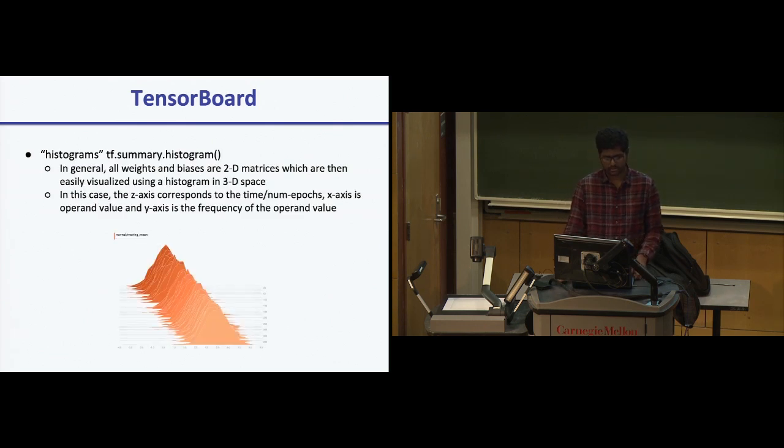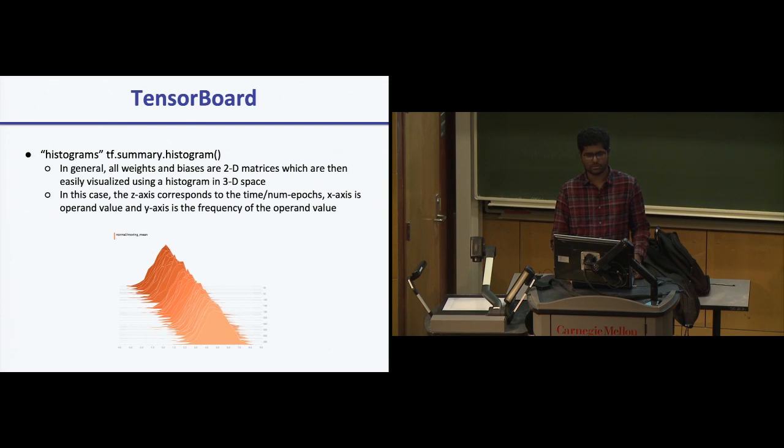And the second thing is the histogram. Your gradients or your weight matrices are two-dimensional matrices or tensors. And to look at a two-dimensional matrix over time, you would want to see it in a three-dimensional format. That is, over time, how do these gradients or weight matrices change? The best way to look at these gradients or weights is to plot a histogram on them.